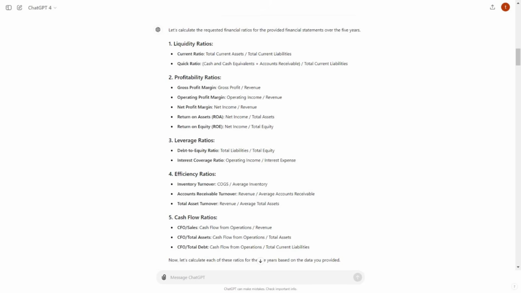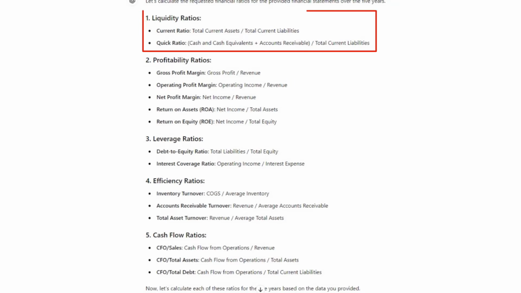Upon identifying the data, ChatGPT calculates various financial ratios. These include liquidity ratios, for example, the current ratio and the quick ratio, providing insights into the company's ability to meet short term obligations.